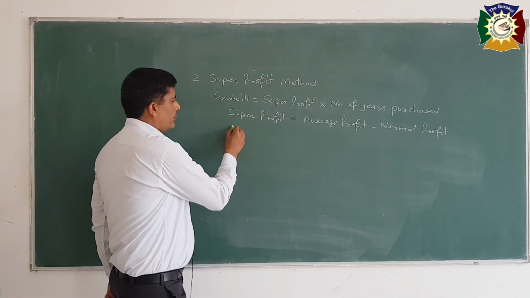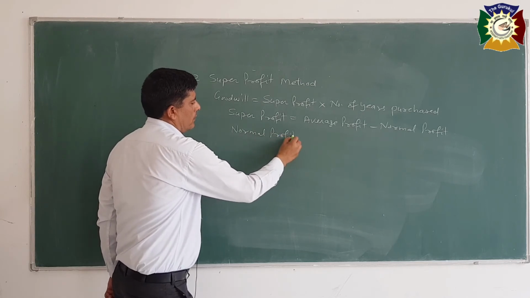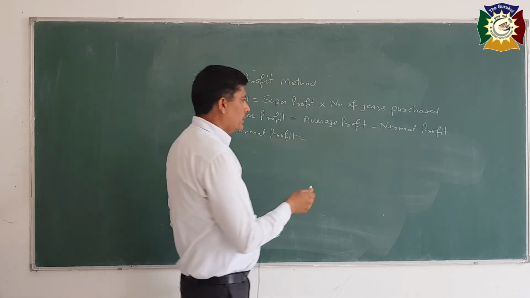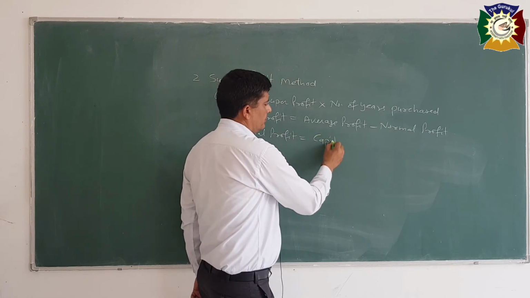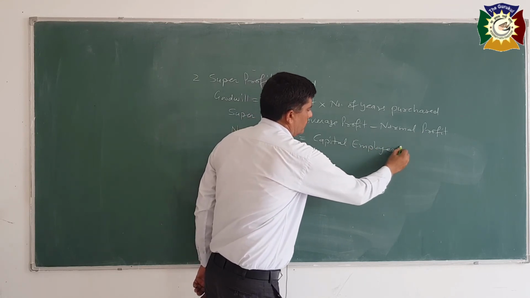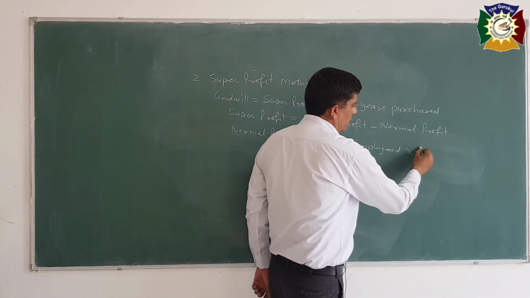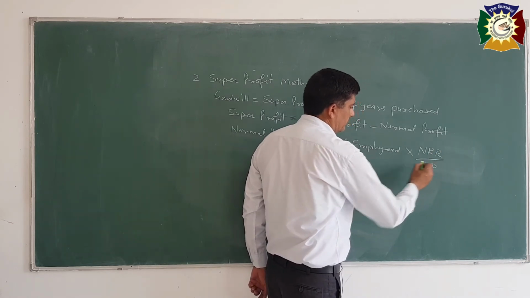Now normal profit. Normal profit will be calculated by applying this formula, that is capital employed into NRR, normal rate of return, upon 100.